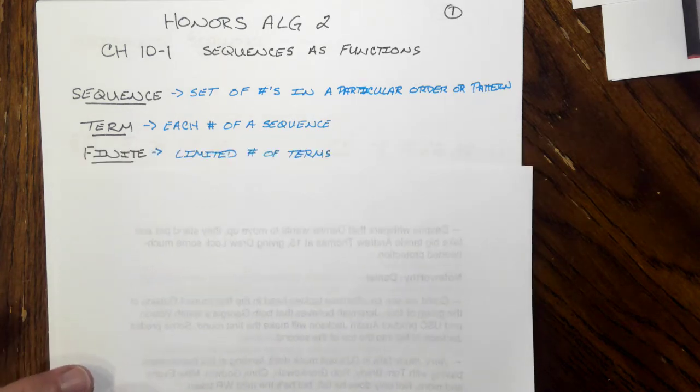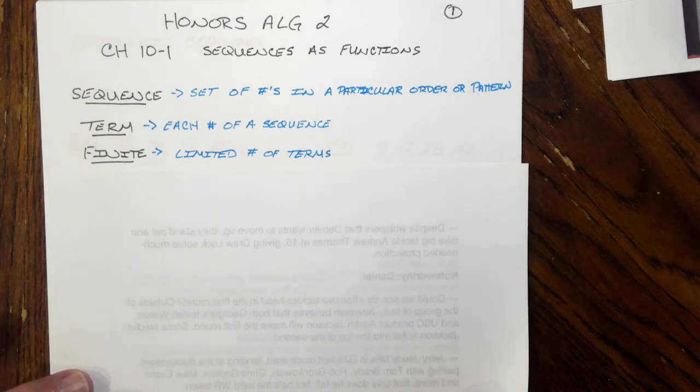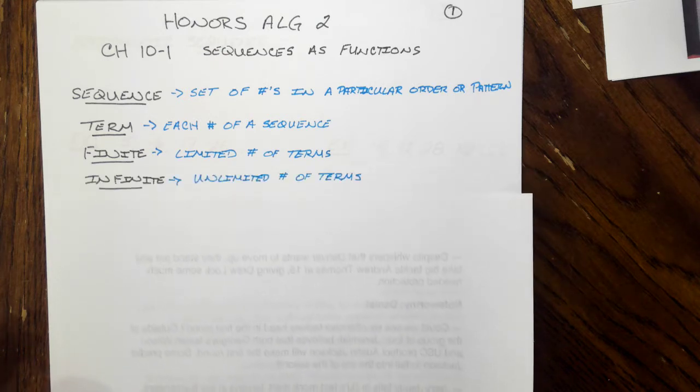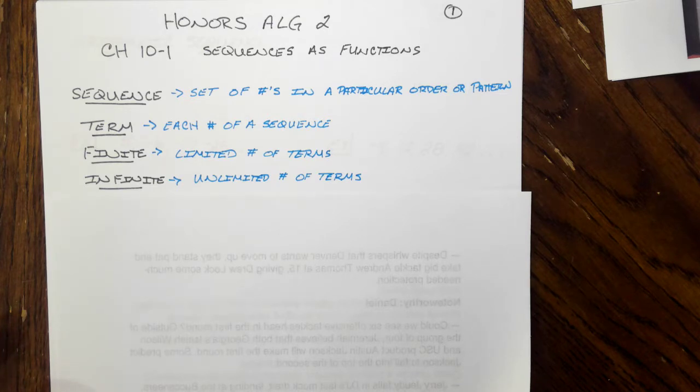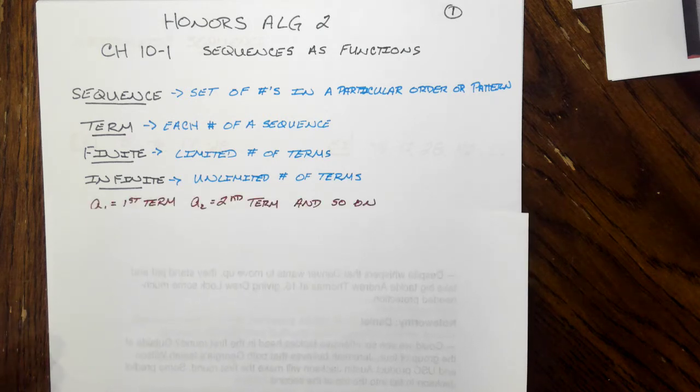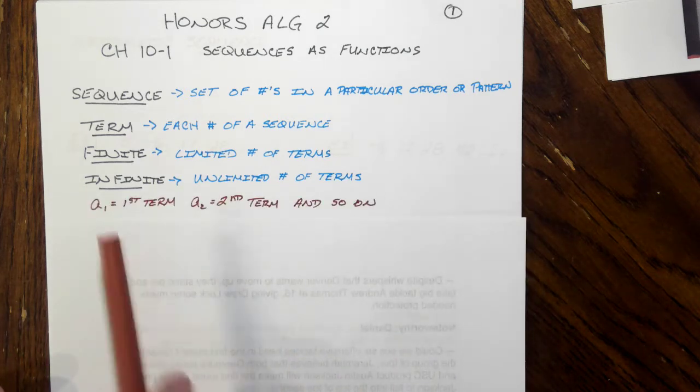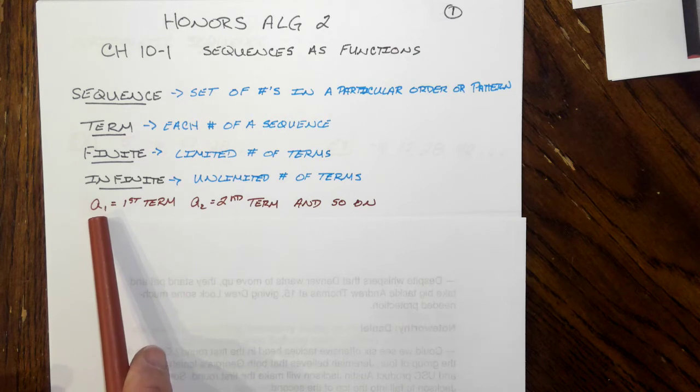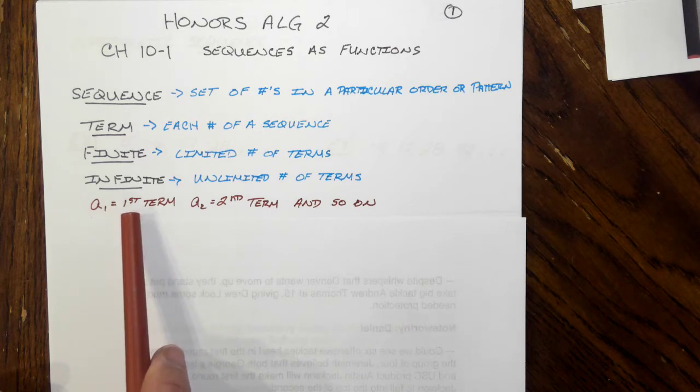There are finite sequences, which have a limited number of terms. And we'll show you notation and how you can decide one way or the other. They're infinite, and this will have an unlimited number of terms. And again, there'll be a way to tell what we're dealing with. Now, when we talk about the terms, notation-wise, we'll see A subscript 1, that's going to represent the first term.